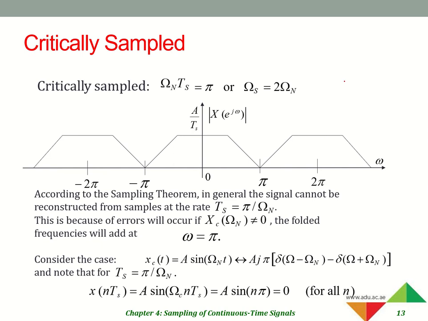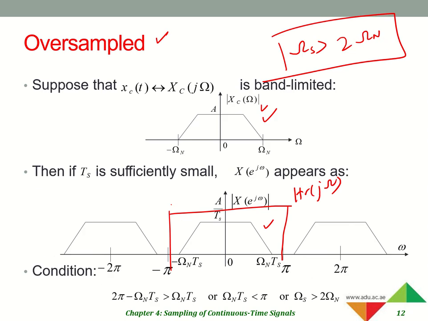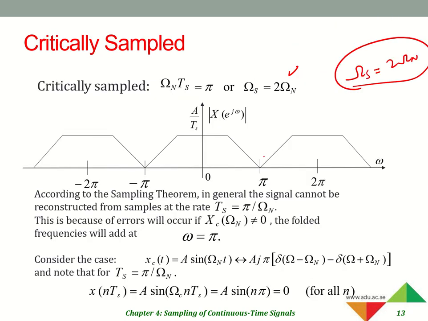And if your sampling frequency is exactly 2 times omega n, in that case the spacing will be gone, so we are getting exactly samples here. This is called critically sampled. Sampling is okay, but you might face difficulties in reconstruction, in getting your original signal, if your original signal is not becoming zero at the end.